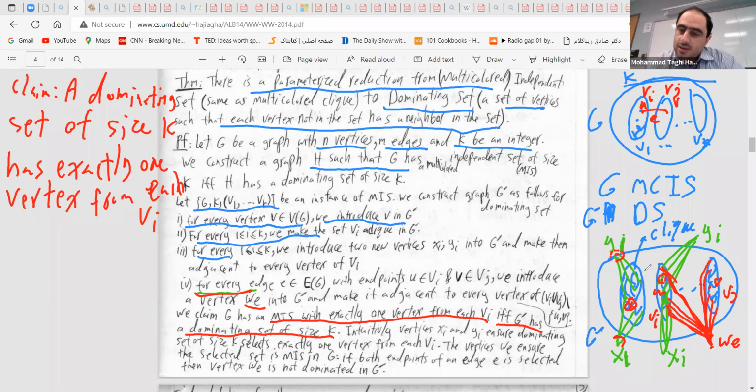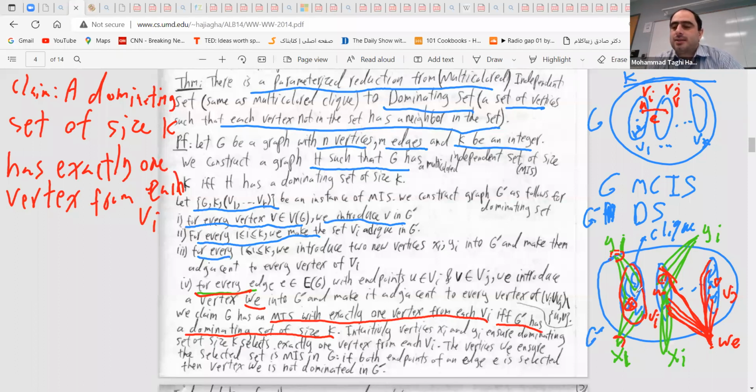So that comes from the fact that here it is a clique. We need to select essentially one vertex here. If you don't, there is some possibility that you select some other vertex from another set that covers this. But in that case, if you don't select any vertex in the set Vi, then you need to select both yi and xi because you need to cover them, because they don't have any other neighbors than this. So you really need more than one, and the total budget here is one.